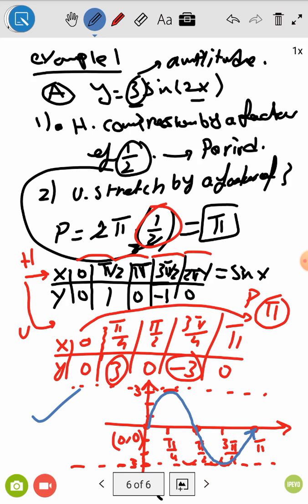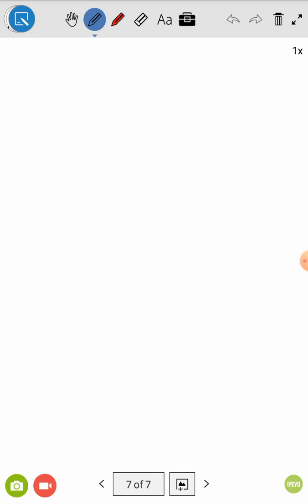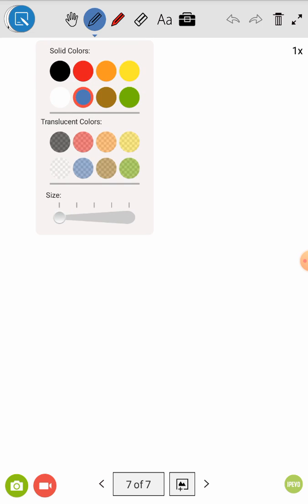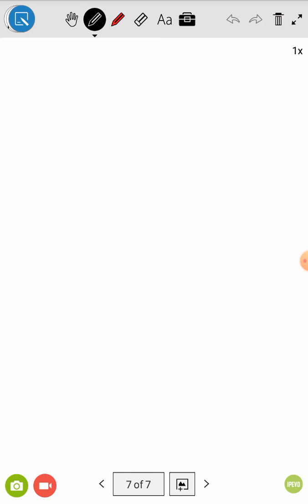Now let's move to another example. Okay, you go back to the black color. It's so easy, you just practice on it, guys. Inshallah you are smart enough to do it alone.